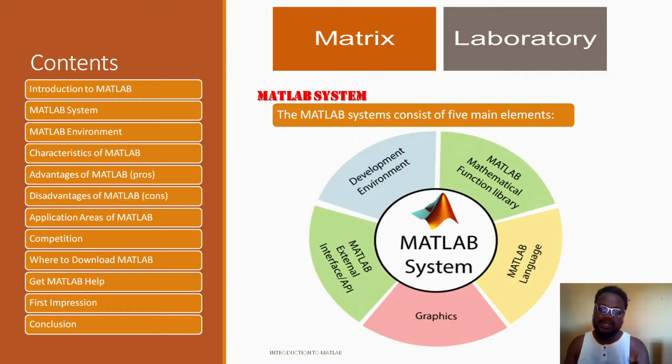Now let's start from the development environment. This development environment happens to be the facility or the tools that are put in place to facilitate easy use of MATLAB functions. These are basically graphical user interfaces, which include the MATLAB desktop, the command window, the command history, an editor, the debugger, code analyzer, file exchange, and so on and so forth.